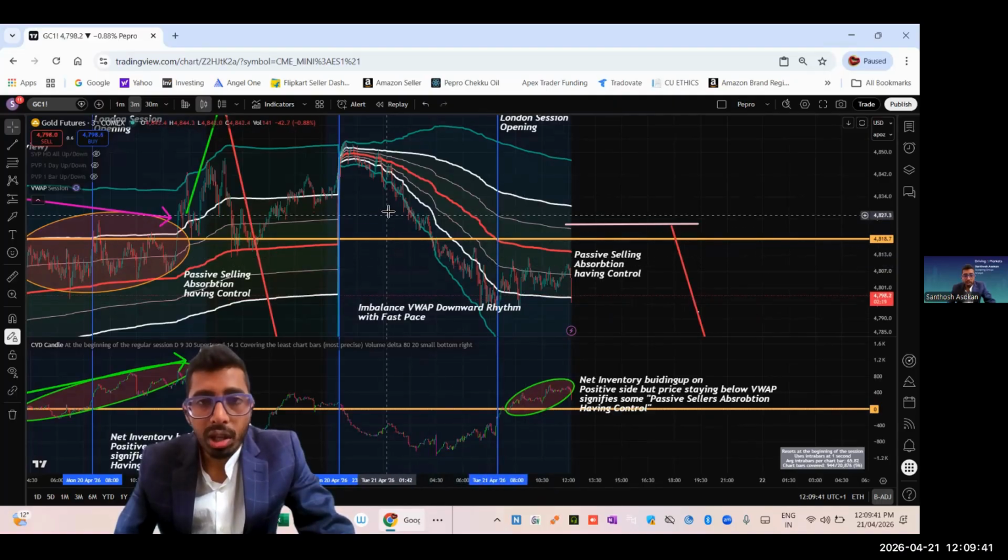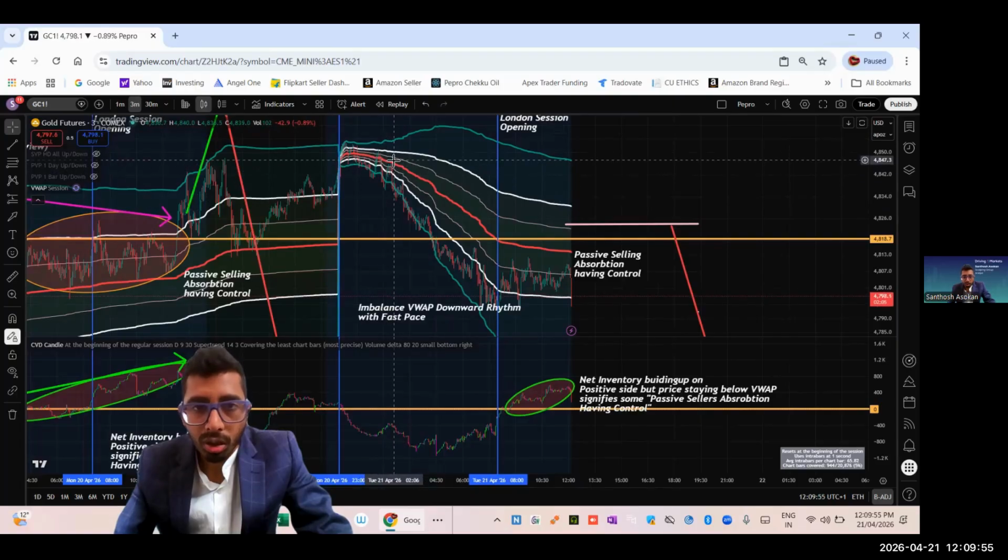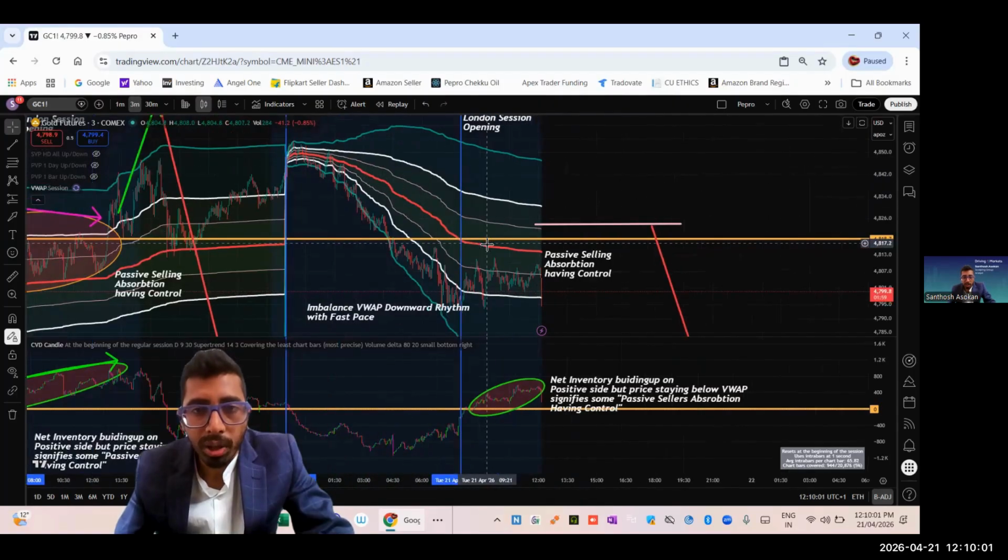So I will keep entering short. It looks like an imbalance on the downside and a sell-on-rise market, so I will be following a breakout trading technique on the downside. Whenever the price comes back to the VWAP or above the VWAP zone, I will be entering short. That's how I will keep on scalping.